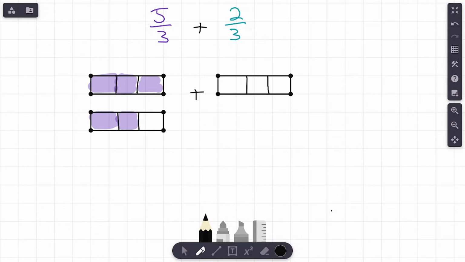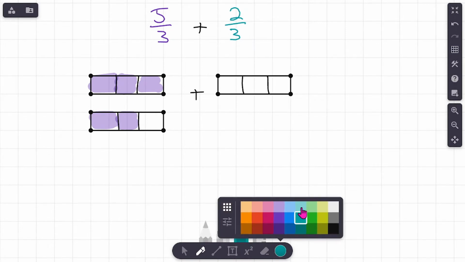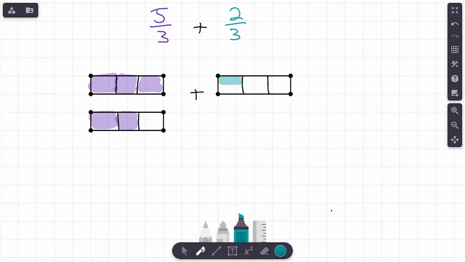Well, the denominator is 3. That's how many equal size pieces we need. Okay, so with that being said, how many are we shading in? We're shading in 2 out of 3. So here's 1/3, and here is 2/3. Okay.